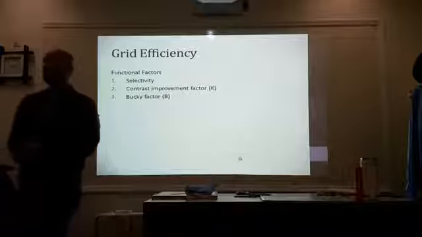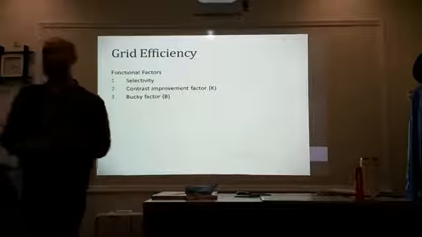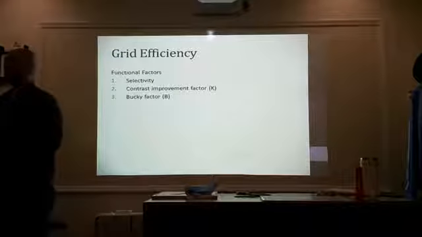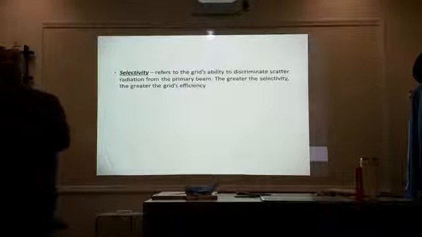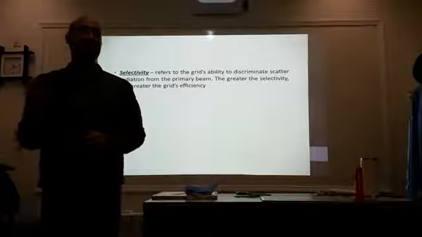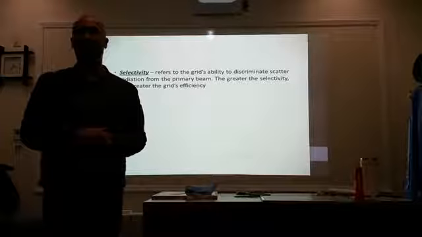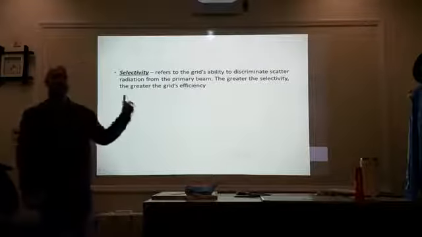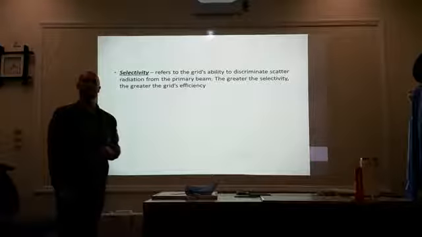Grid efficiency: 3 factors. Selectivity, the K factor, and the Bucky factor. Very simple. Selectivity means being able to discriminate the primary radiation from the scatter radiation. Which has a better cleanup efficiency or better selectivity, a higher grid ratio or a lower grid ratio?